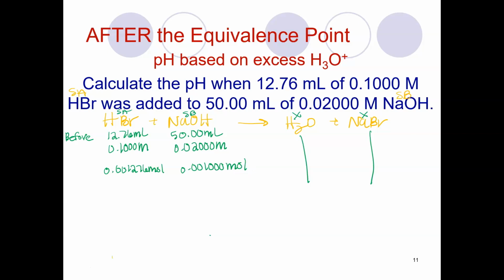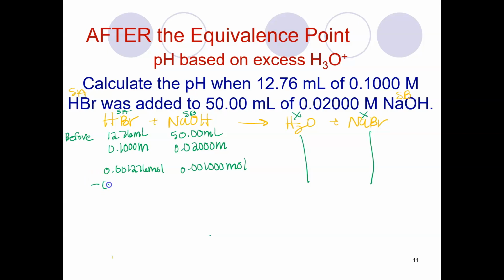Step 3, again, I'm looking at the table, the chart that I gave you. It's called Summary of Solving Acid-Base Calculations. That's the steps that I'm following. So step 3 says subtract the limiting reactant. So we're looking at our two reactants, HBr and NaOH, and choosing our limiting one by looking at the number of moles, picking the smaller number. So this time, 0.001000 is my smaller number.